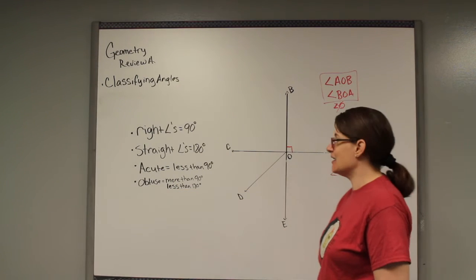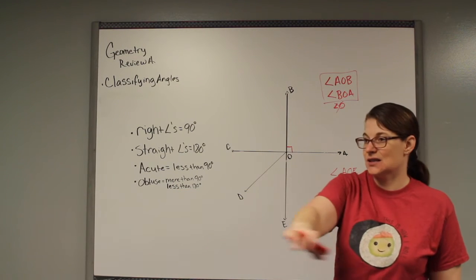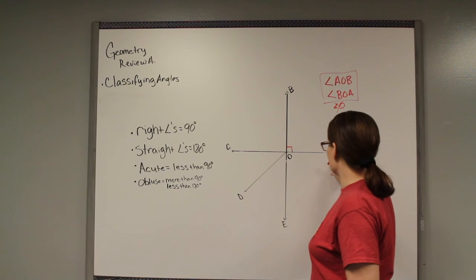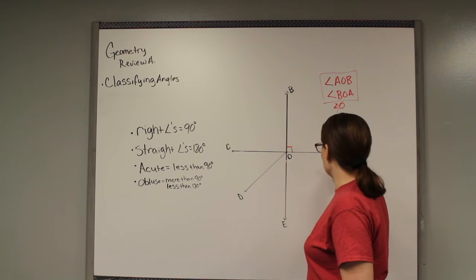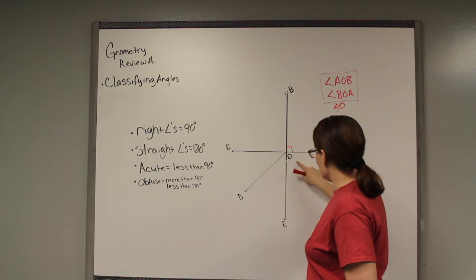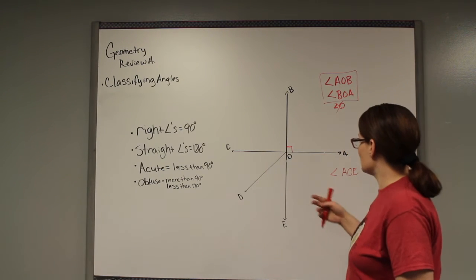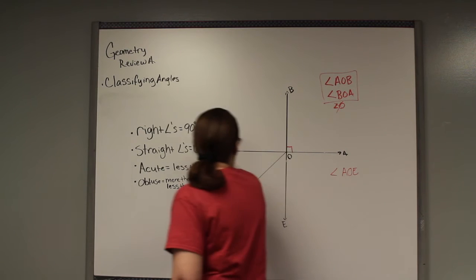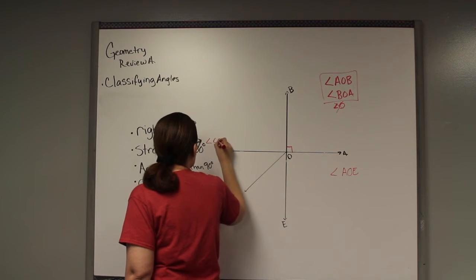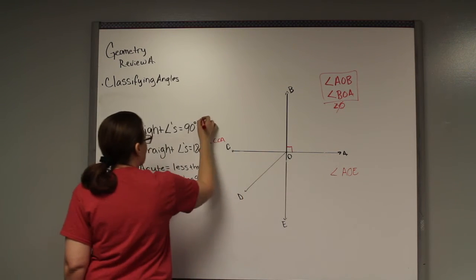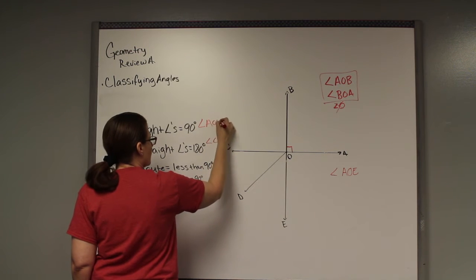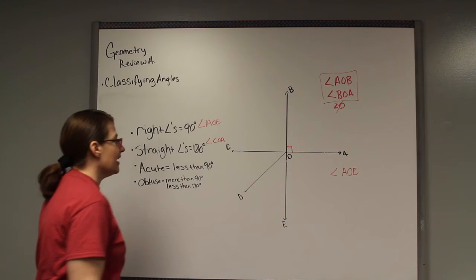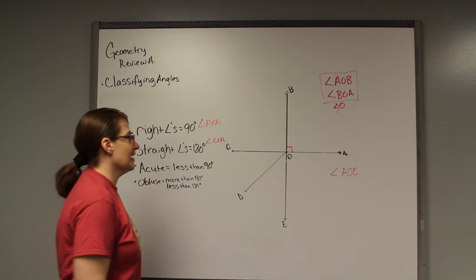It's 180 degrees, but you can think of it as like the horizon. An example of that would be AOC, BOE. Those are both straight lines. So we could do a straight angle as angle COA. The right angle, AOE. Okay, an acute angle is less than 90.